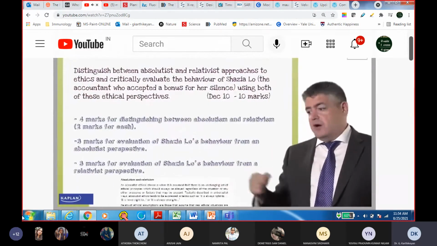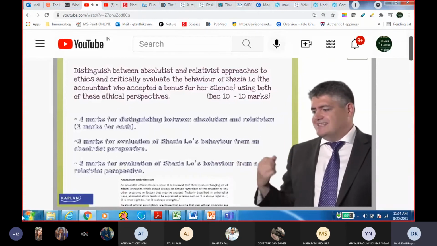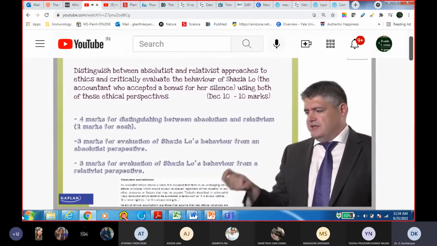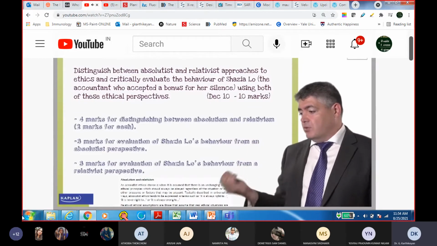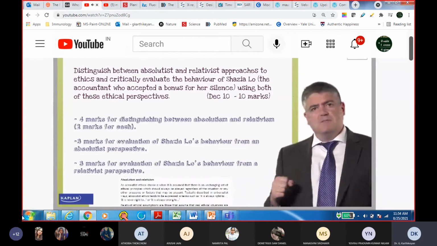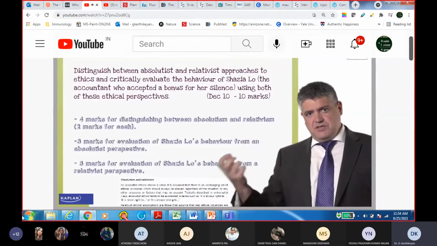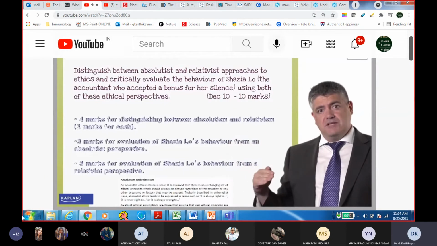Let me just read through the question. Distinguish between absolutist and relativist approaches to ethics, and critically evaluate the behavior of Shazia Lowe, the accountant who accepted a bonus for her silence, using both of these perspectives. That was from December 2010, and it was worth 10 marks. As you can see, the mark allocation was broken down.